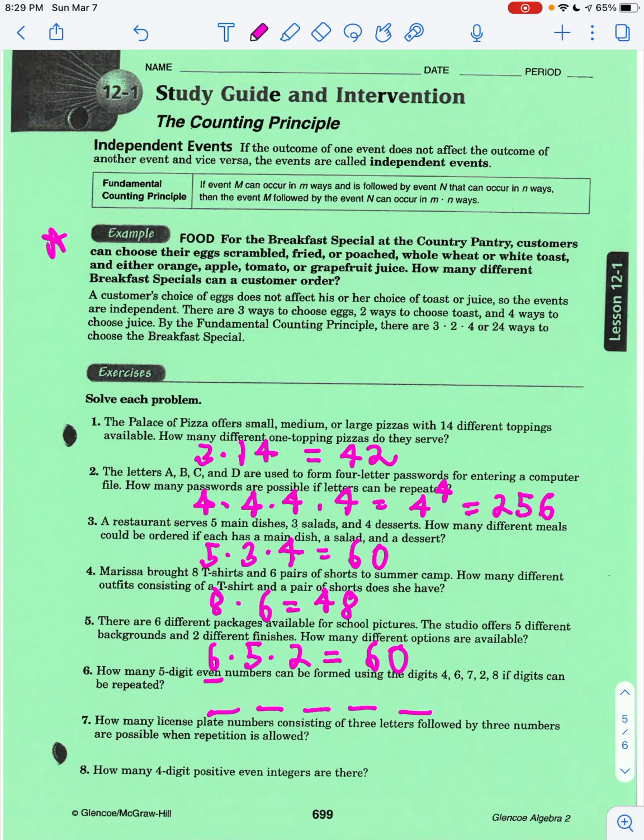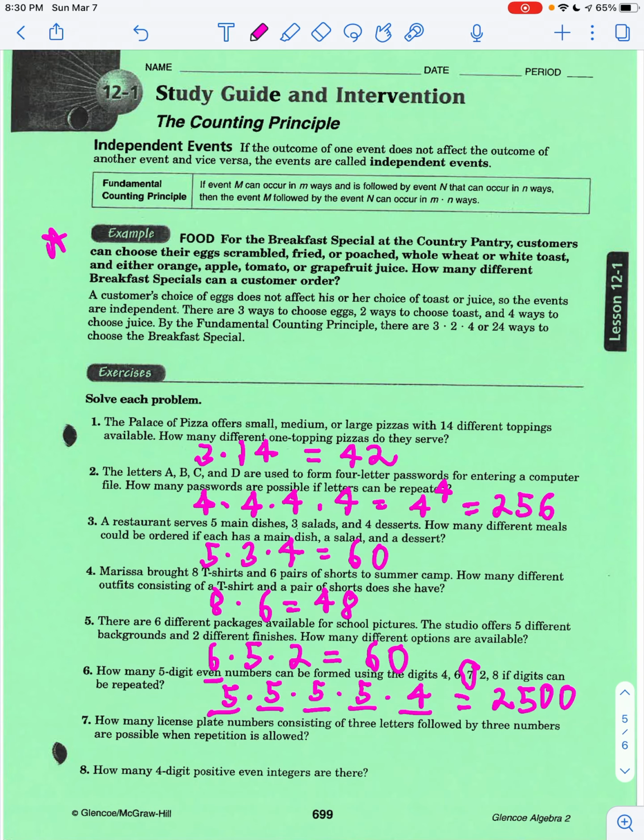So 4, 6, 2, and 8, I cannot use the 7 because it's not even. And so in the last position, there are 4 choices. But since digits can be repeated, for all the others, there are 5 possibilities for their positions. So this is really 5 to the 4th times 4. And if you take your calculator, you're going to figure out that's 2,500.